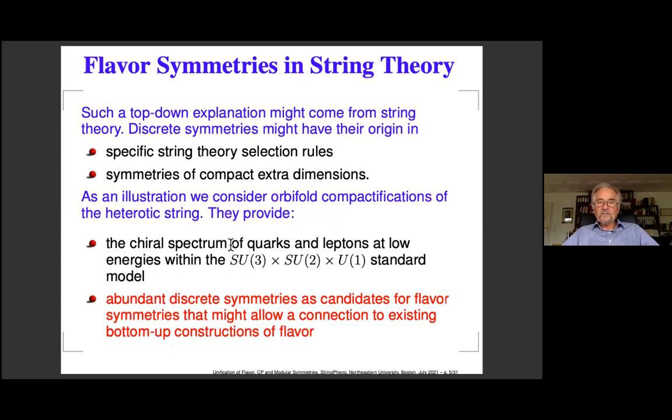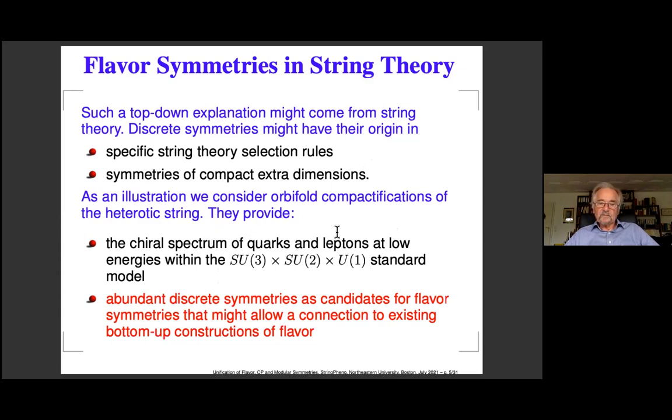So flavor symmetries in string theory, they can come from specific string theory selection rules, and also from the symmetries of the compact extra dimensions. As an illustration, we consider orbifold compactifications of the heterotic string because they provide models with a chiral spectrum of quarks and leptons with the gauge group of the standard model.